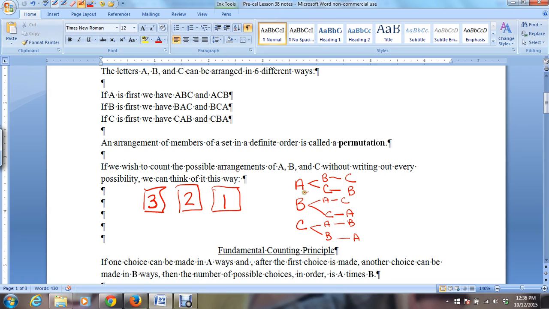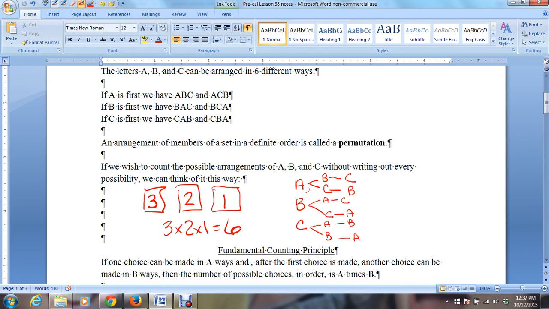So I'm multiplying. For every first choice, there are 2 second choices. So that's 3 times 2. And then there's 1 choice for the last. So that's 3 times 2 times 1. And that's 6 ways.